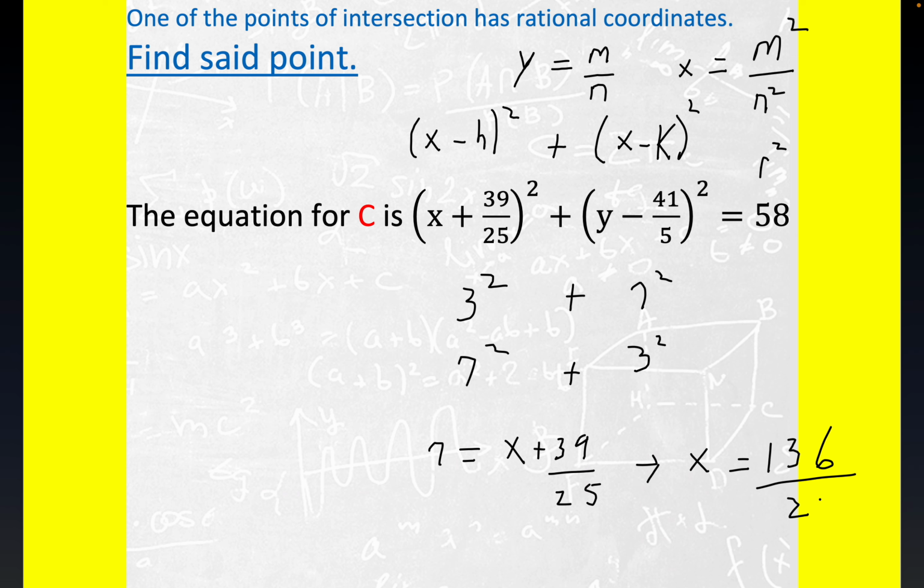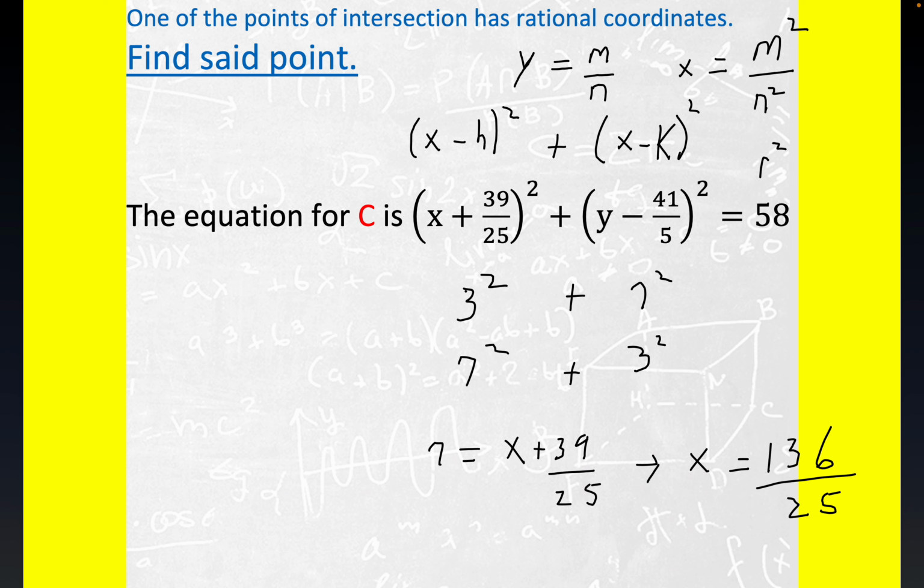But notice the numerator is not a perfect square, and it has to be. 175 minus 39 is 136, right? So we can't use this, because it's not in the form m squared over n squared.